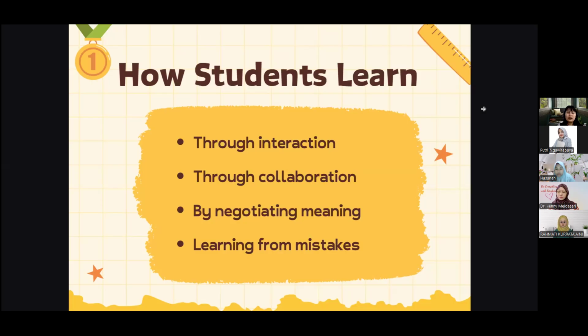For example, if a student says "she go to school yesterday," the teacher or a friend can help correct it into "she went to school yesterday." So mistakes are not something to be afraid of, but they help students learn and improve their English.